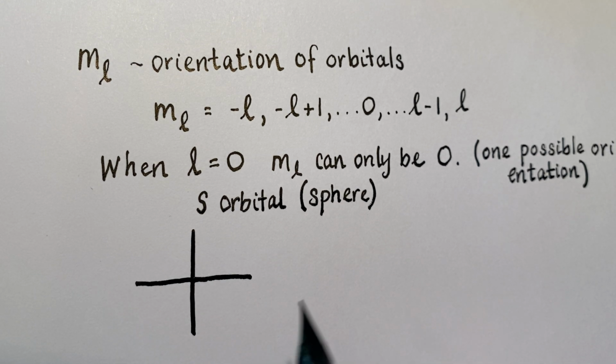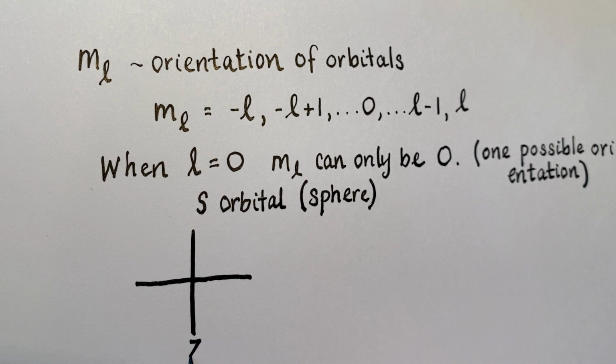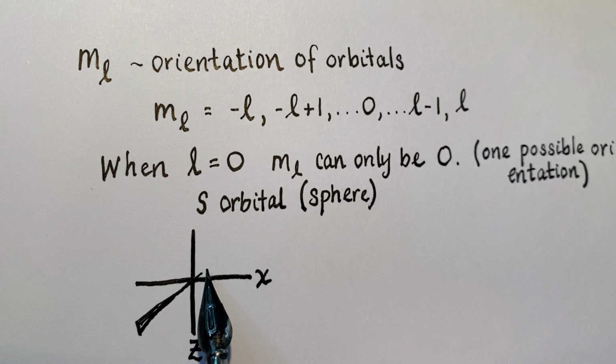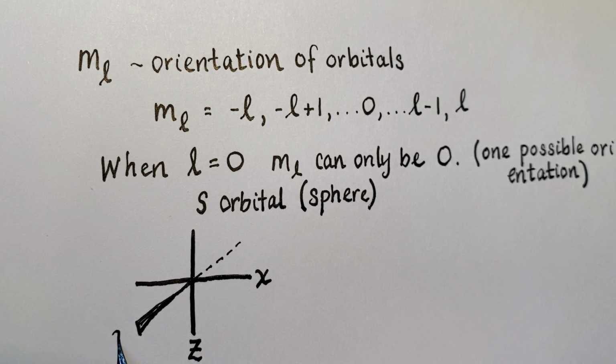We have a Cartesian coordinate axis system where I'm going to label these axes Z, X, and let's have Y coming out towards us, and going back by. Trying to do 3 dimensions here.